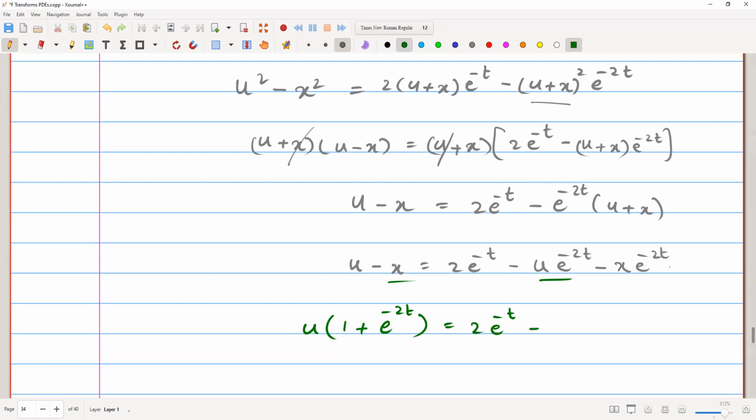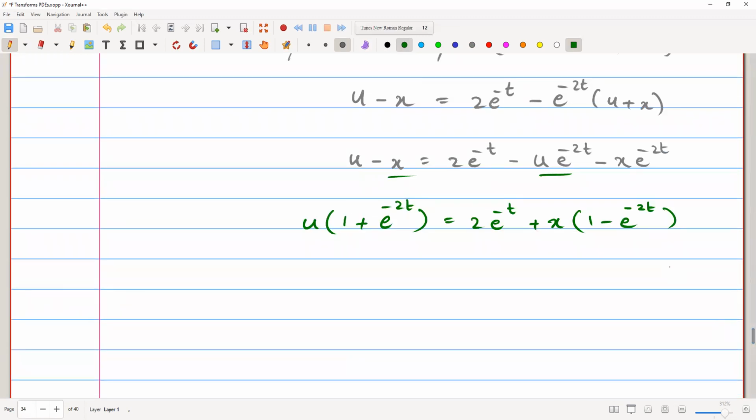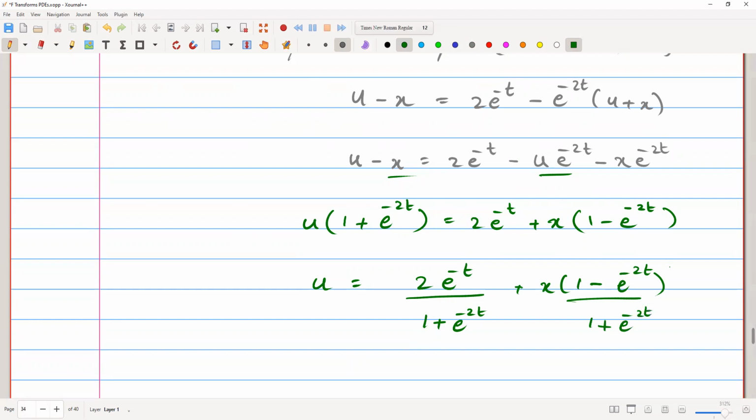So it will be plus x times 1 minus e to the power negative 2t. So this is now u equals 2 e to the power negative t divided by 1 plus e to the power negative 2t, plus x times 1 minus e to the power negative 2t divided by 1 plus e to the power negative 2t.